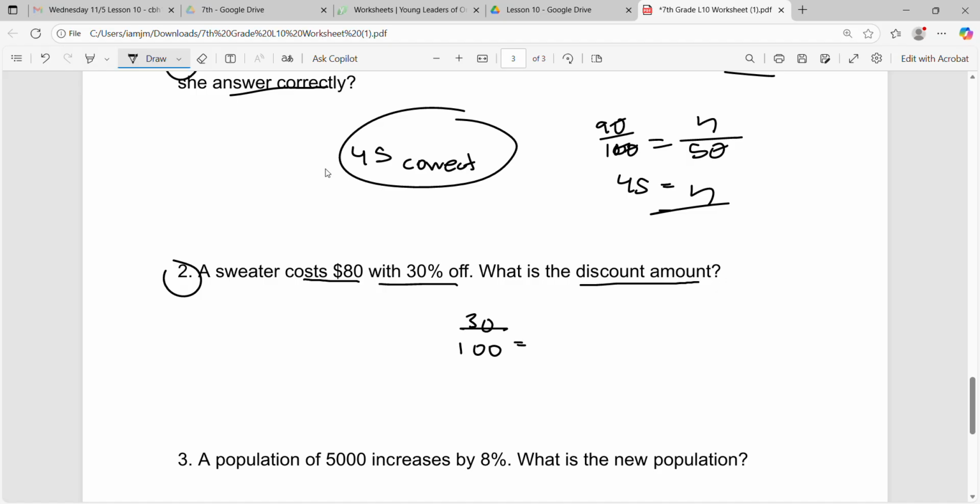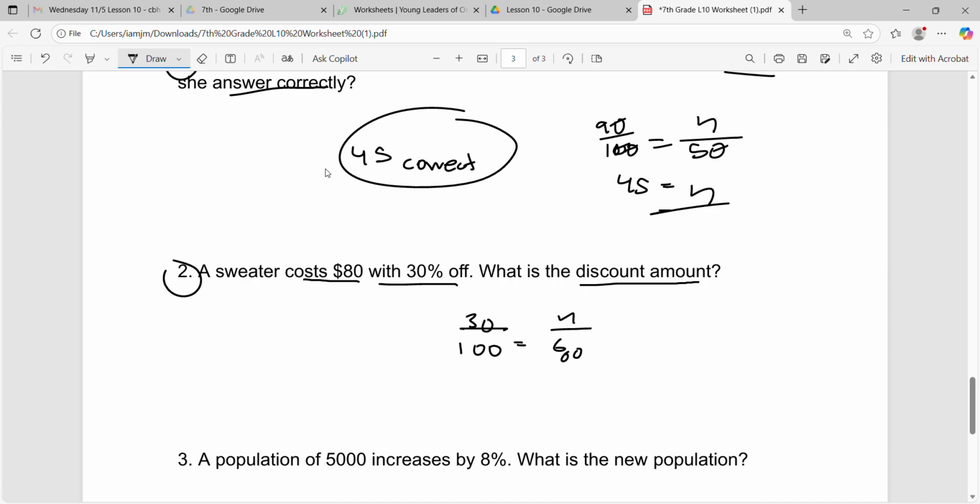Because it costs $80 with 30% off, you don't know the original cost. Oh wait, this is asking, the original cost was 80. This is asking how much the discount would be.